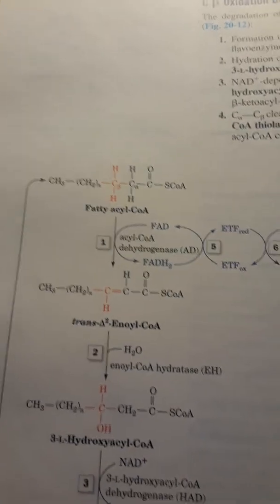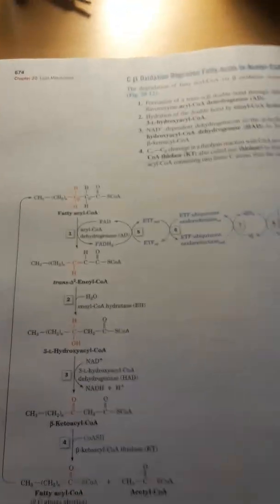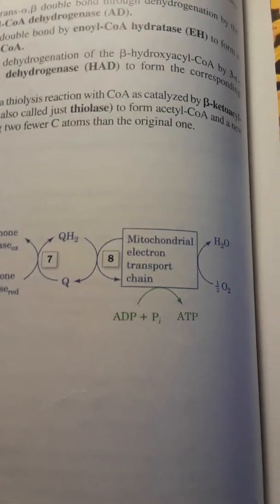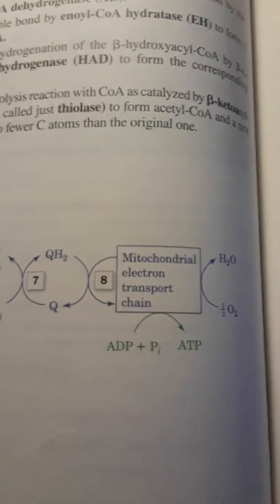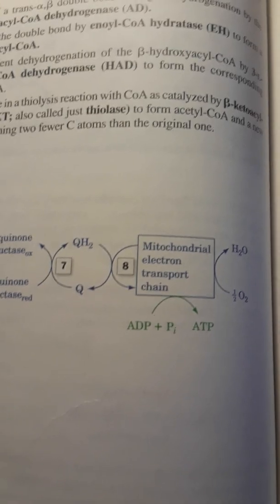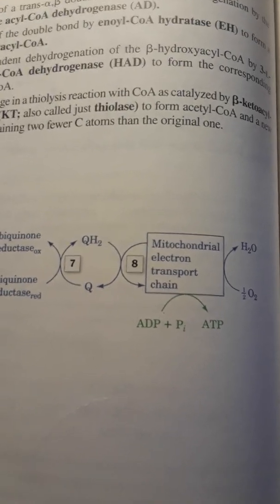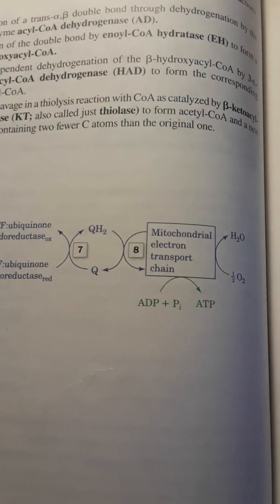All right. So this is the entire beta oxidation pathway. And you can actually see here that there are some products that come in to help break down fatty acids that come from the electron transport chain.